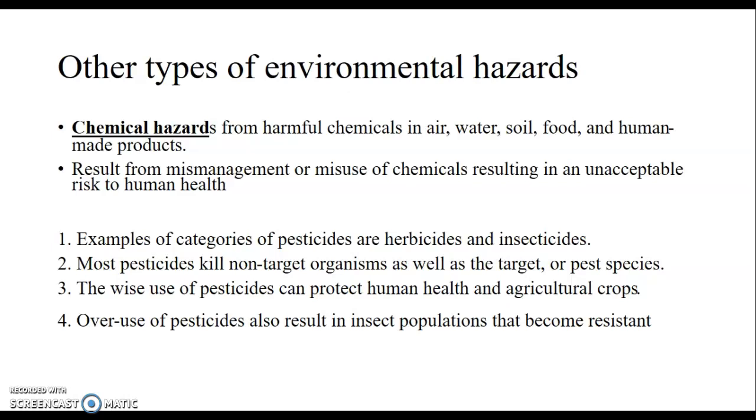Now, there are other types of environmental hazards, and chemical hazards is another one. The two main classifications of chemical hazards in terms of human sustainability and lifestyle are heavy metals, and herbicides and pesticides. Now, why are chemical hazards related to sustainability?